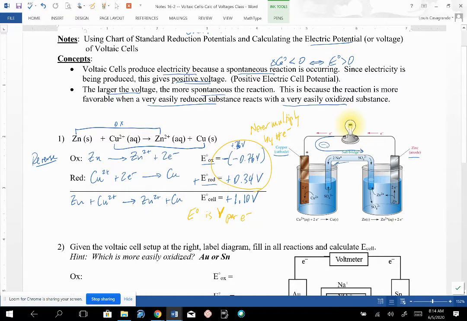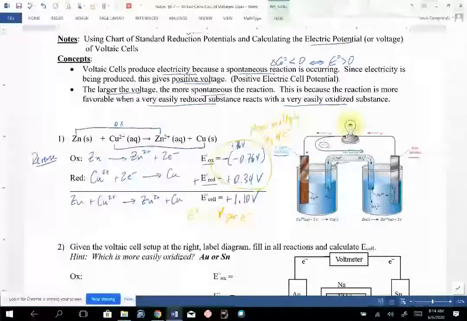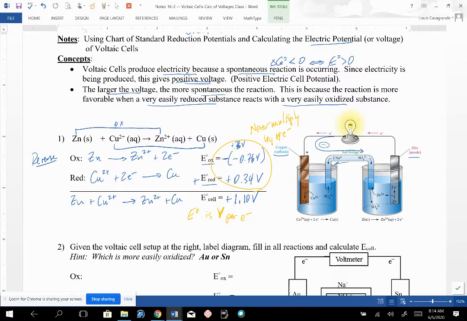And the equation that relates the E0 to the delta G0, which we're not going to use, puts those electrons in there, so we don't need to put them in here. And because this is a positive voltage, positive E0 is the clue that this is a spontaneous reaction.